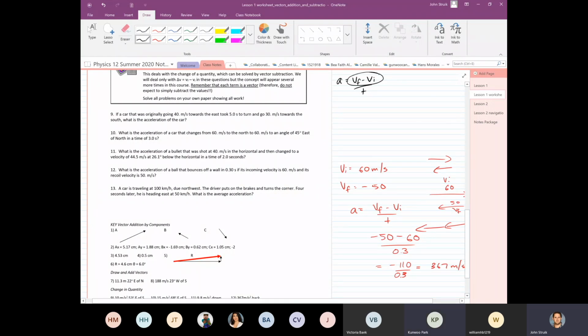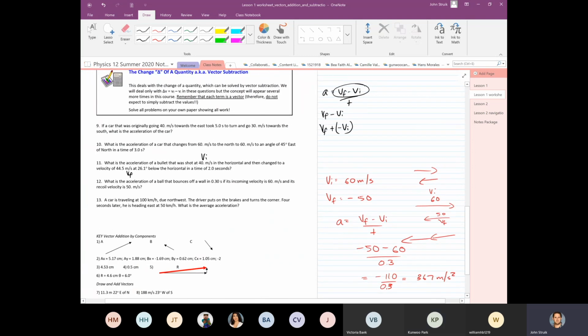This is our VI, 40 meters per second in the horizontal, and then it changes to this, your VF. VF minus VI is the same thing as VF plus negative VI.